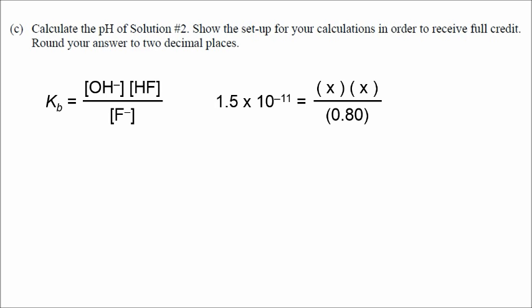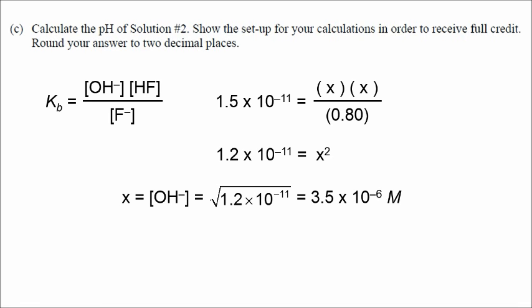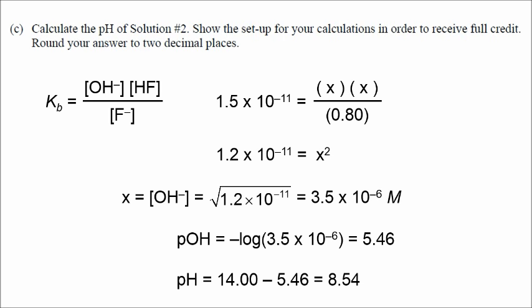The concentration of the fluoride is 0.8 moles per liter. We go ahead and solve for X, and that gives us the concentration of hydroxide. We take the negative log of this number, and that gives us the pOH. We do 14 minus the pOH, so our pH of this sodium fluoride solution is 8.54.